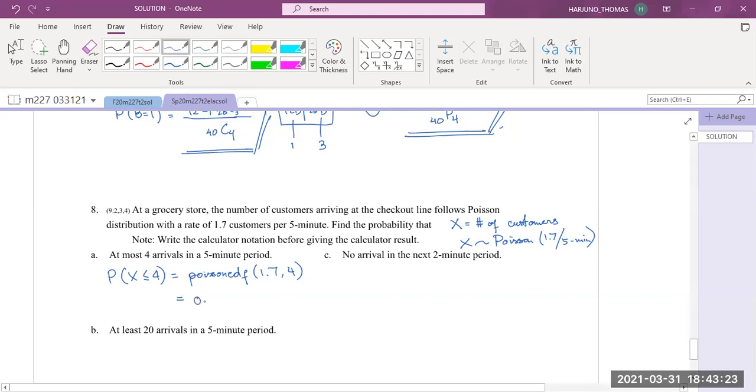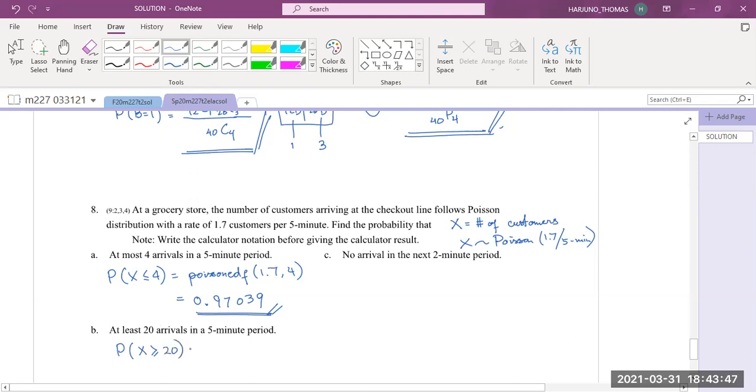I get 0.970385, so 39. What is the probability that you have at least 20 arrivals in 5 minutes? Oh wow, the average is 1.7, right?